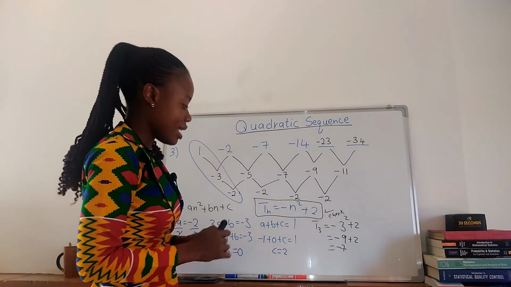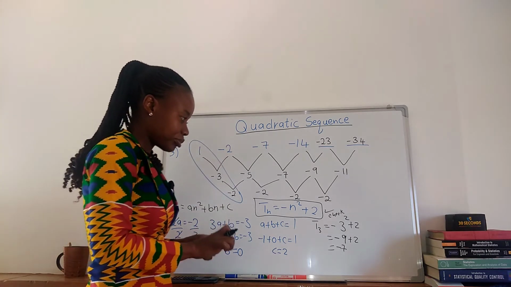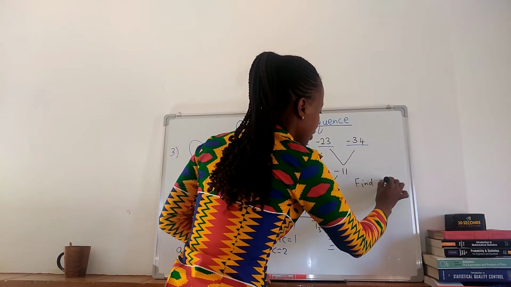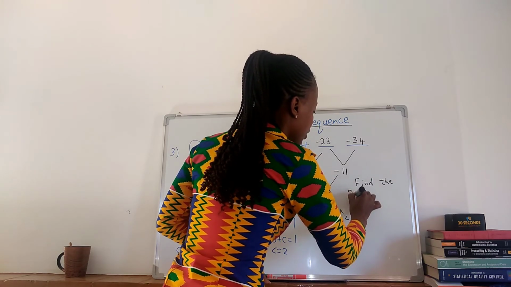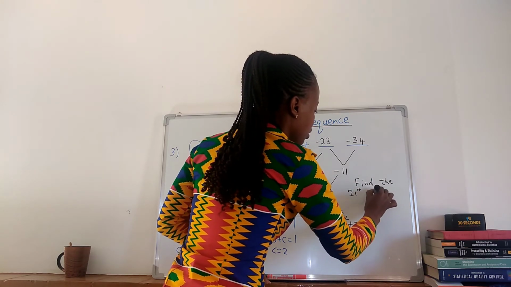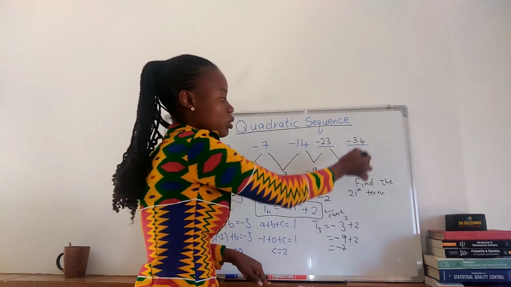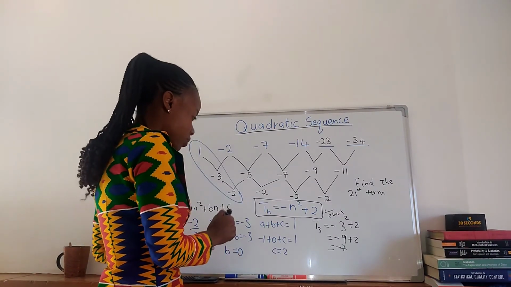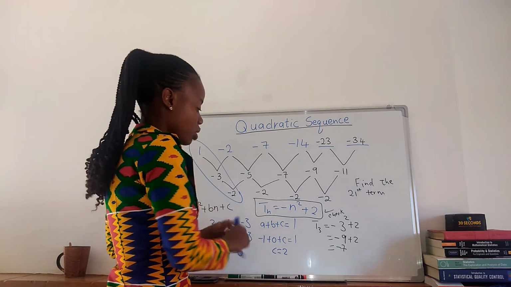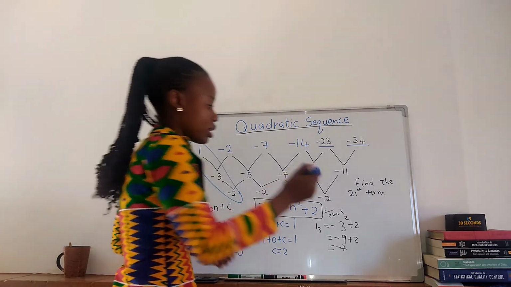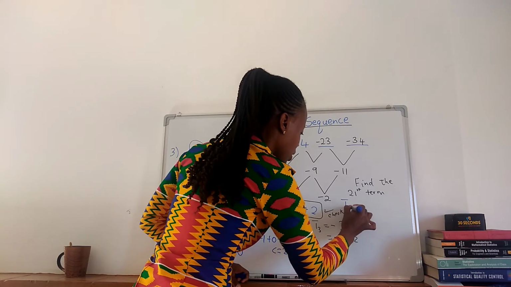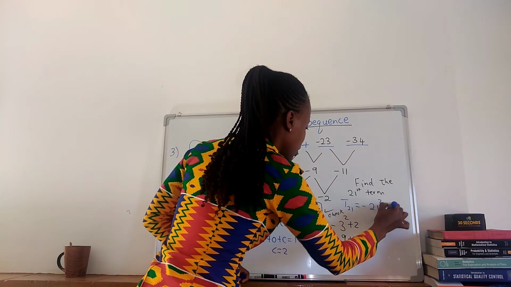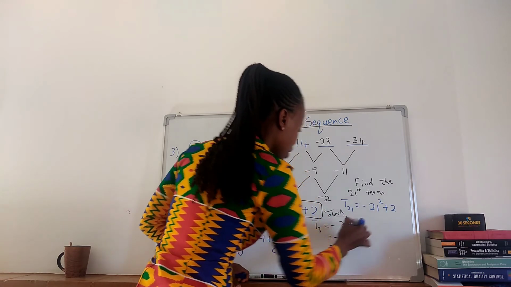Now let's say they ask you to find the 21st term. It's not like we are going to continue the sequence, no. If they ask you to find the 21st term, we just use the formula, okay? So T21 equals negative 21 squared plus 2, right?